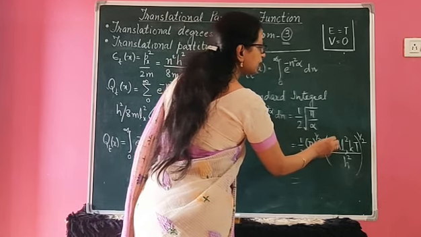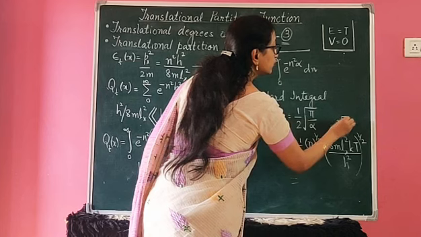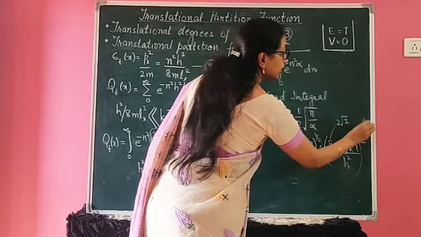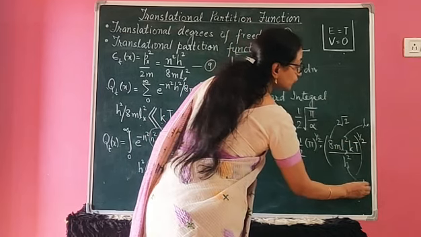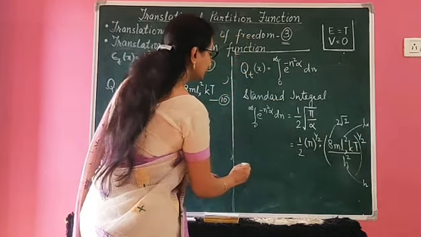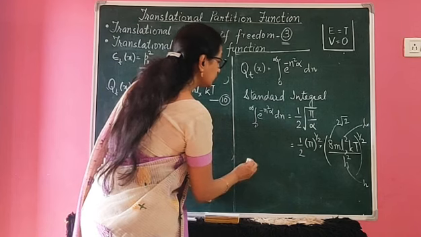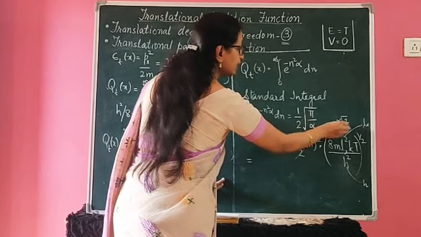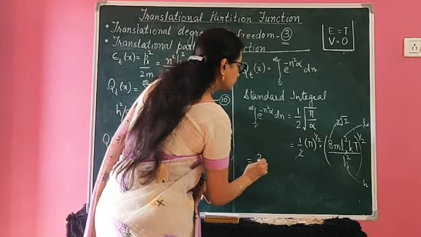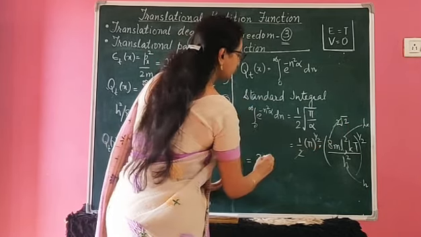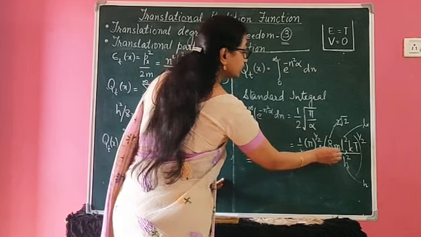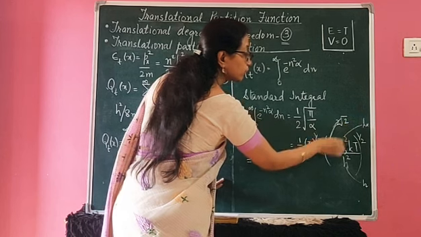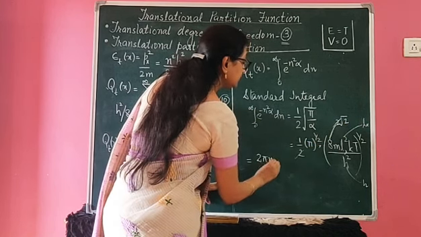We know that root 8 is 2 root 2. Root of Lx square will be Lx. Root of h square will be h. So what we will get? qt will be equal to, this 2 and this 2 will cancel. We will have 2 to the power half, pi to the power half. Okay, this has been converted to 2 root 2, so only we have root 2 here. m is there.